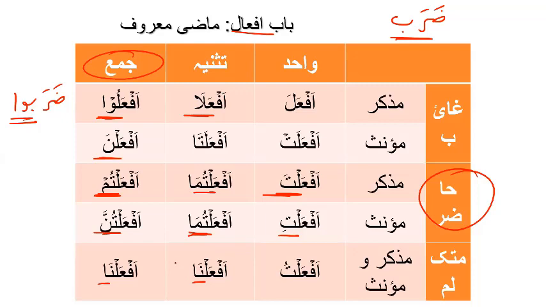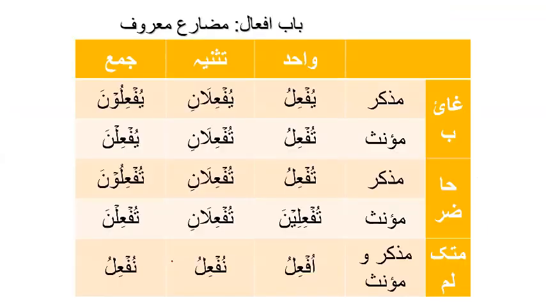So with each of these babs, when you do the conjugation for the past tense, the rules are the same as what you've seen before. Similarly, for all these babs, the rules when you have fa'il mudari', ma'ruf means that we are still focusing on the regular. Majhul we'll cover at a later point in time. But all the rules for the conjugation are the same.